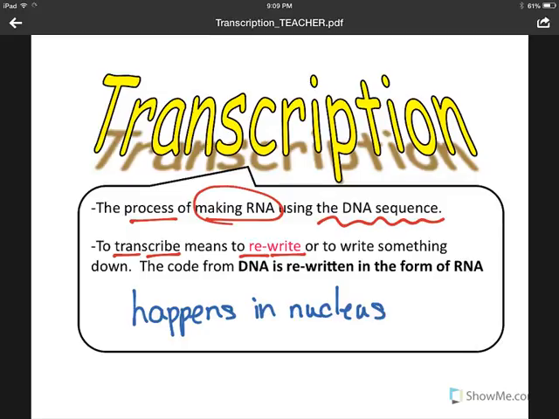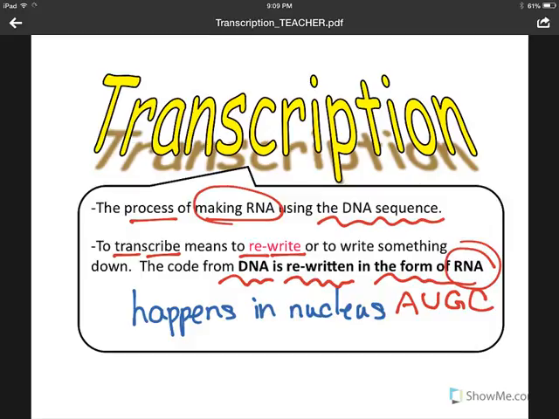So you're taking the code from DNA and rewriting it very similarly, but slightly differently, in the form of RNA. DNA is going to have A's, T's, G's, and C's. When I rewrite it in the form of RNA, we're going to have A's, U's, G's, and C's instead. So it's just slightly different.